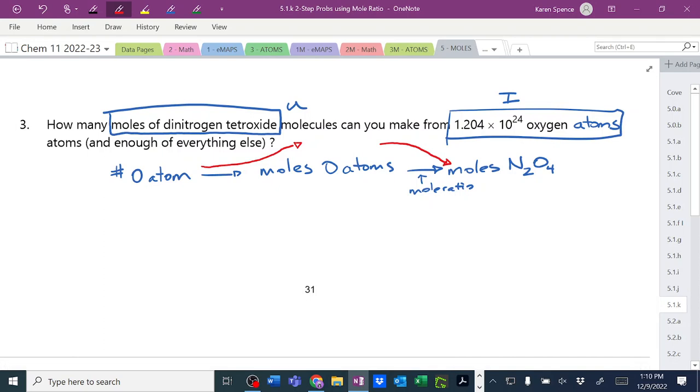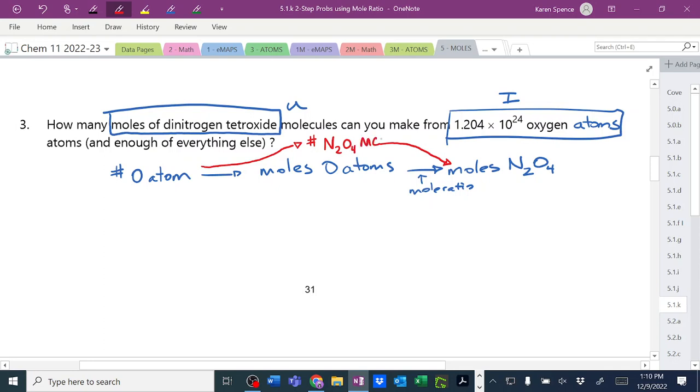Anyone got a guess? What could you convert O atoms into? You have the number of O atoms. You could find the number of N2O4 molecules.